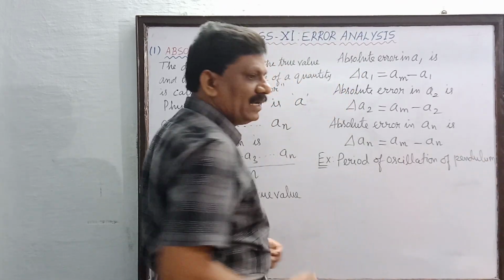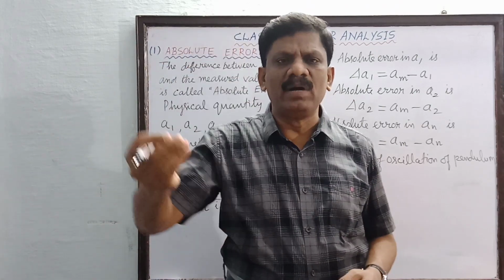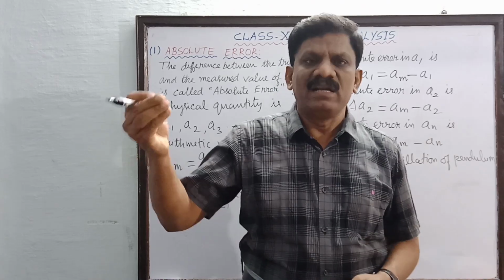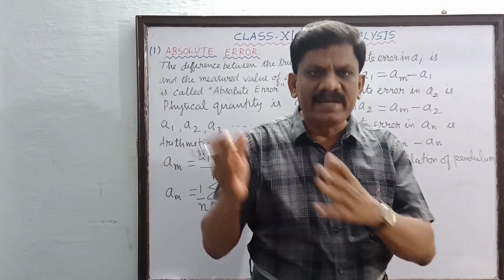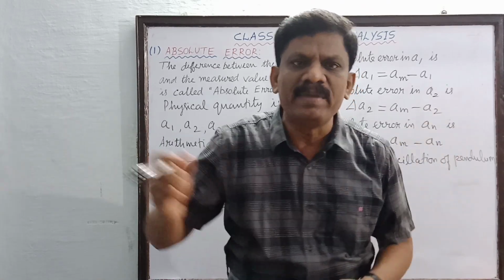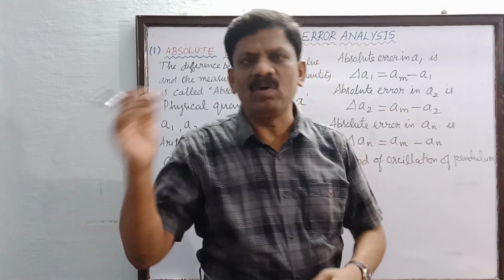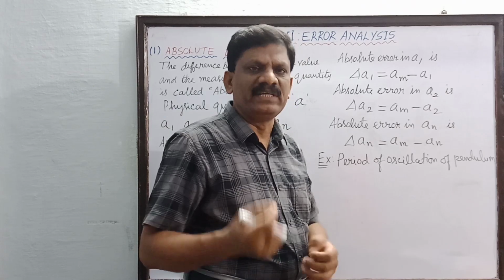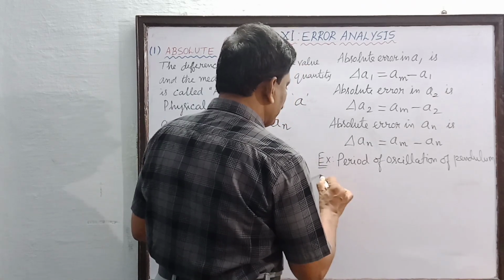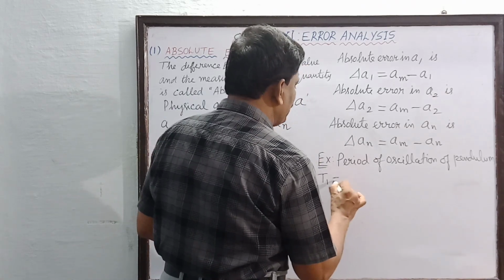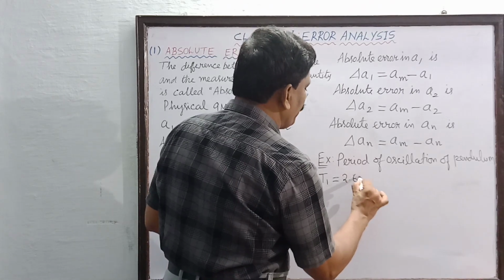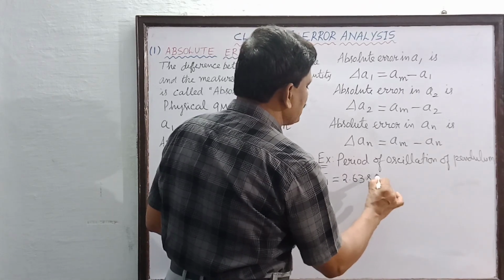First time I allow the simple pendulum bob to oscillate, the to and fro motion of the bob, and I find the period of oscillation, the time taken to make one to and fro oscillation. It takes a time t1. For example, t1 is equal to 2.63 seconds.